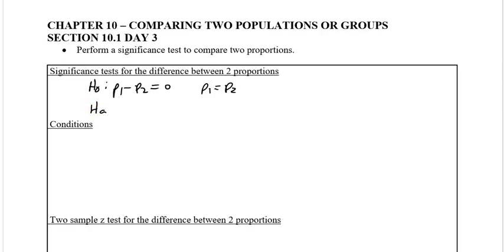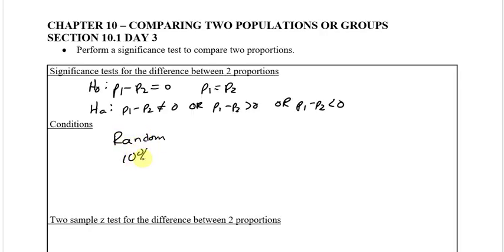And then our alternative hypothesis is going to be one of three things. p sub 1 minus p sub 2 is not equal to 0, or p sub 1 minus p sub 2 is greater than 0, or p sub 1 minus p sub 2 is less than 0. And as we had with our confidence interval, the conditions are random, 10%, and large counts for both populations.